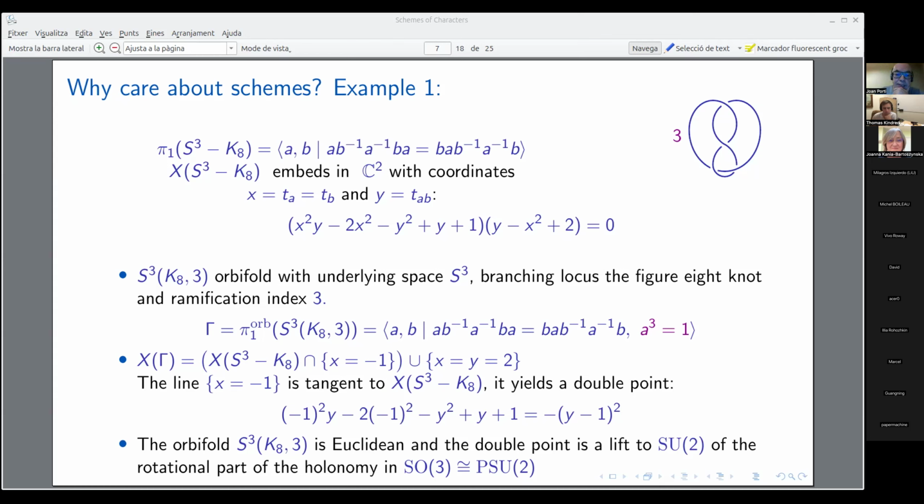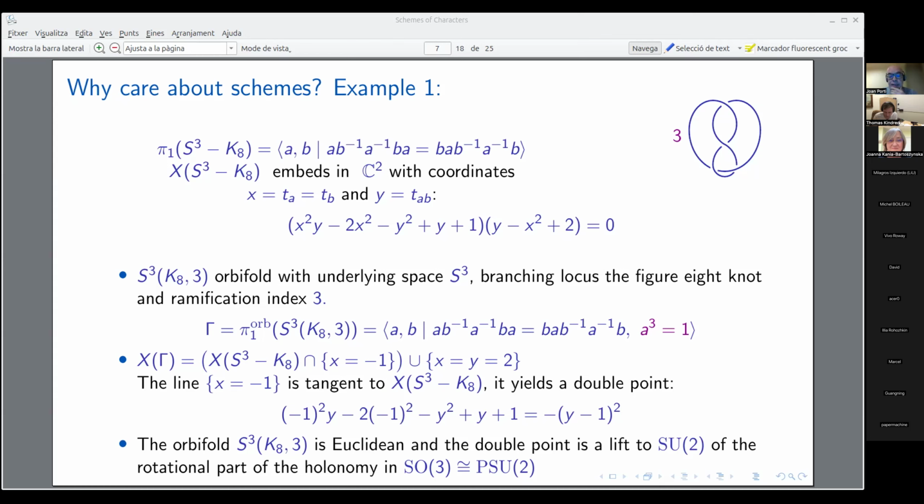So we can apply the algorithm and compute all this and so on. In fact, we are more interested in this one, and this line x equals minus 1 is tangent to that curve, okay? Because if you replace x here by minus 1, it is the computation made here, and what we get is minus (y minus 1) squared. And that's a double point. Yeah? And you can say that the line x equals minus 1 and this curve are tangent.